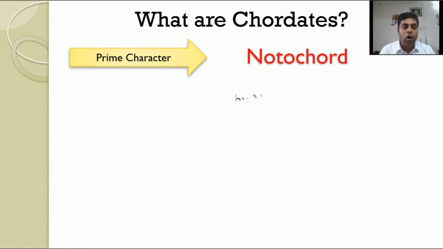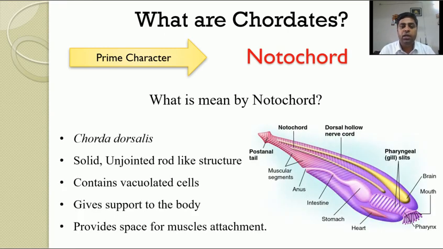The notochord is nothing but the characteristic or the primary structure of any chordate organism, also known as chorda dorsalis, and is a solid unjointed rod-like structure that contains vacuolated cells which multiply rapidly and form the peripheral epithelium.